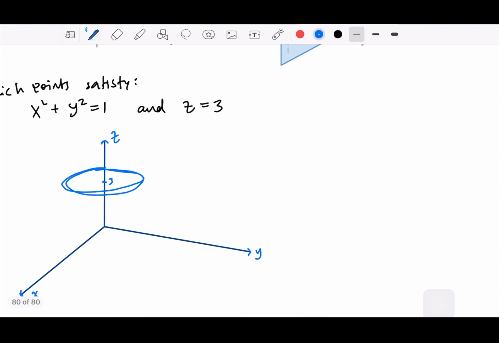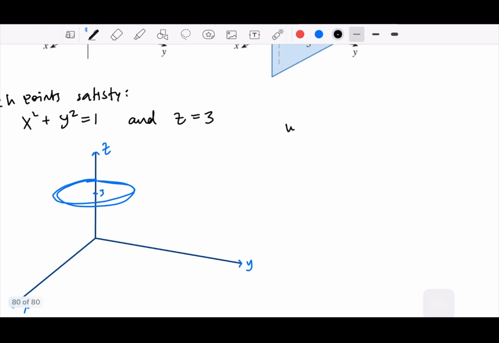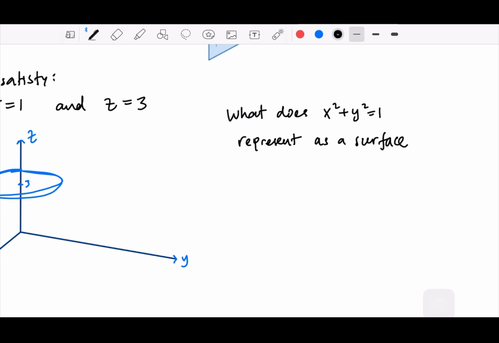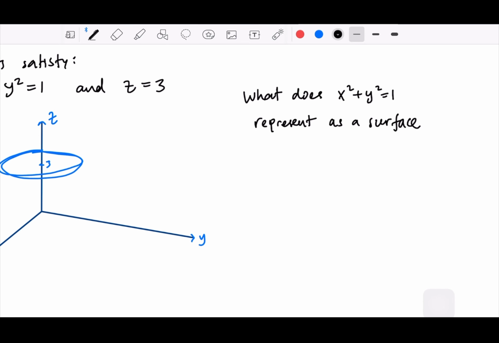So this is the point, and then what does x squared plus y squared equal 1 represent as a surface, without any restriction on z? Simply, we have a circle without any boundary, so it will be a cylinder.